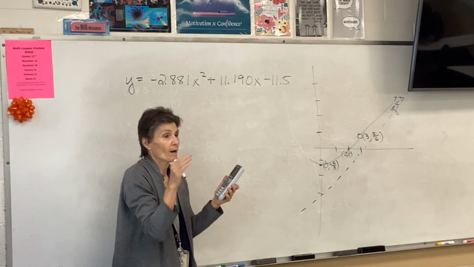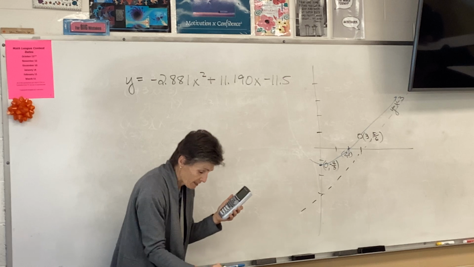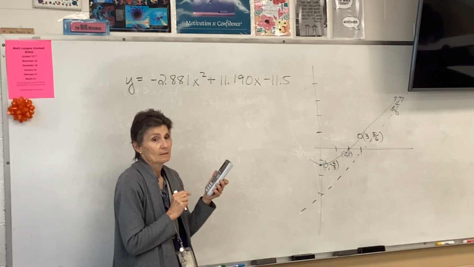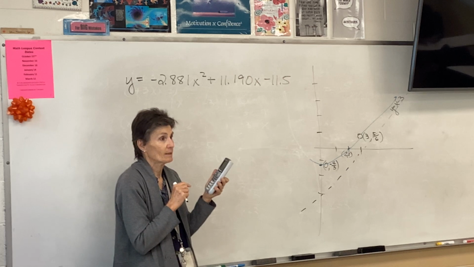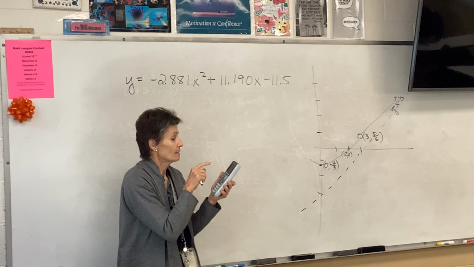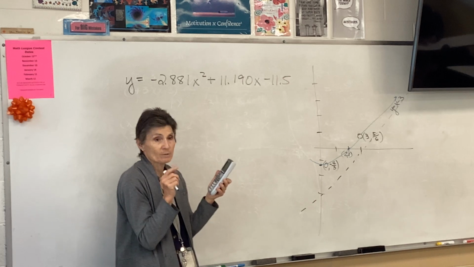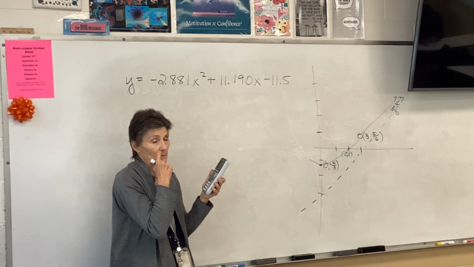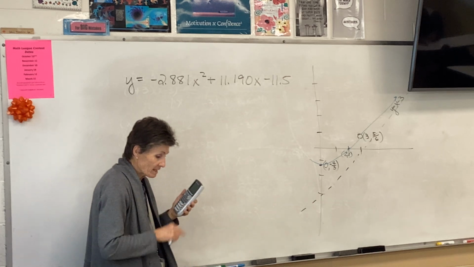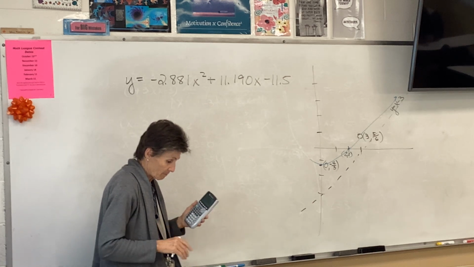So if I were asked, what percentage of the variance does the model explain? You would say 99.928%, right? Okay. Find a quadratic model for data, done.